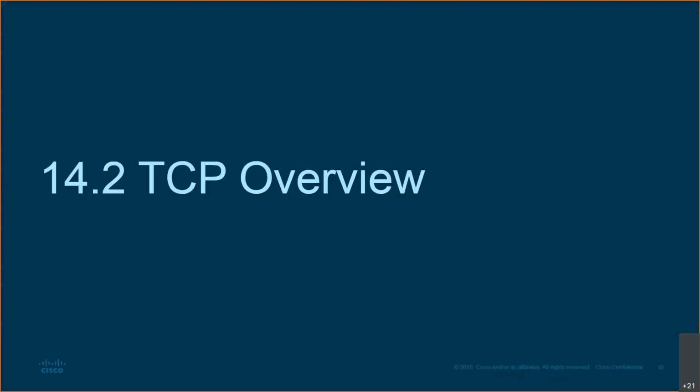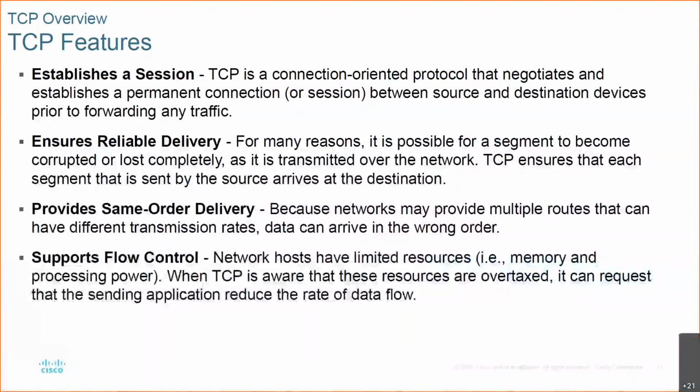Before we go to UDP, let's start with TCP. The main features: establish a session and make sure that the delivery is reliable. If the segments come in different order, arrange them again in the same order of delivery. Ensure that there's proper flow control.